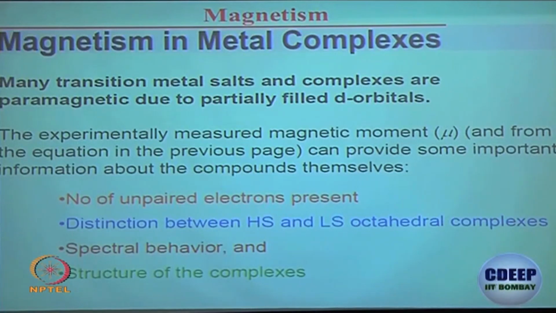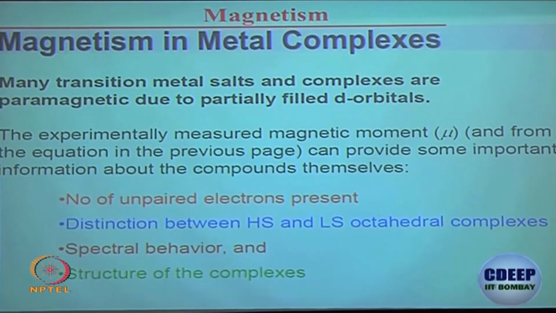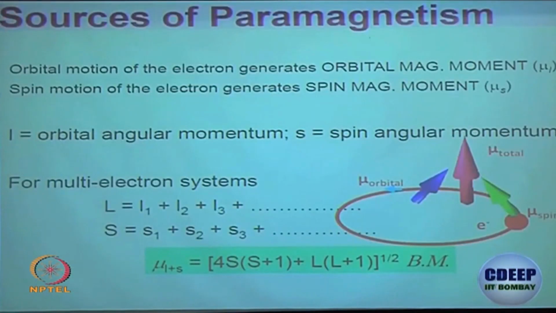So what we do, we have a compound, we try to measure the magnetic moment, and we have an equation from where we can calculate the magnetic moment. Now, we try to see the difference between the two and try to explain the reason if experimental values are differing. Okay? Let me get into it, it will be a little bit clearer.